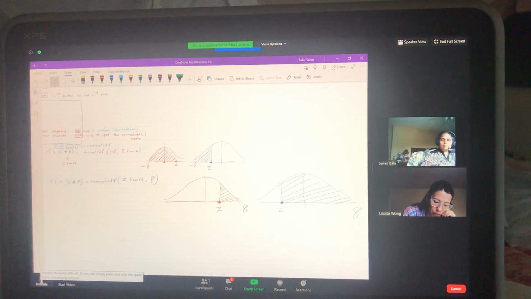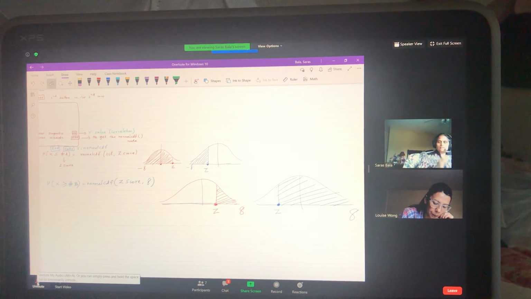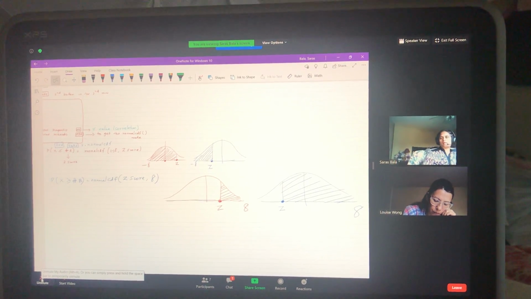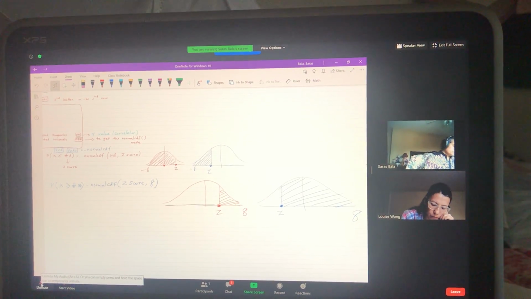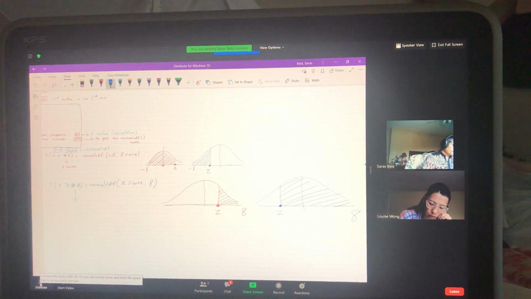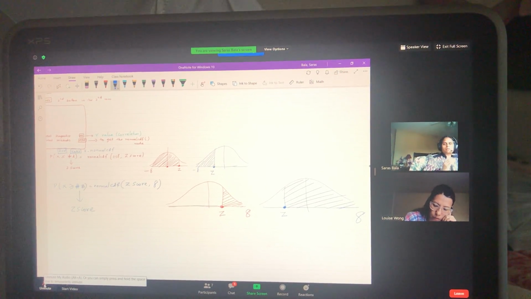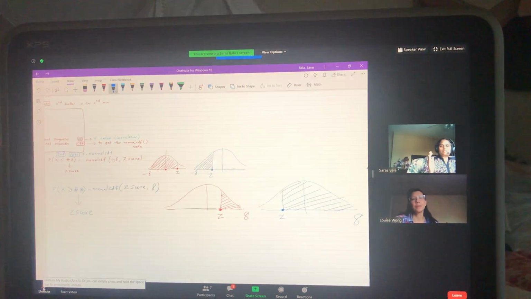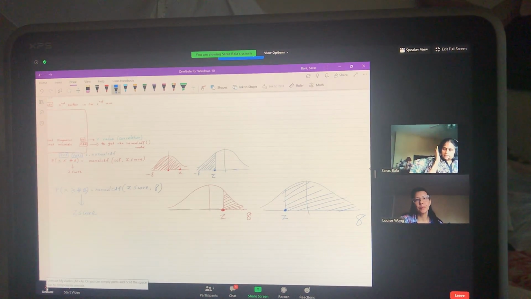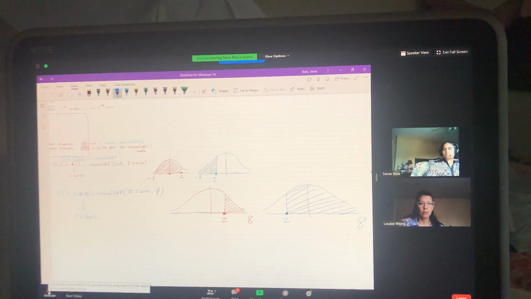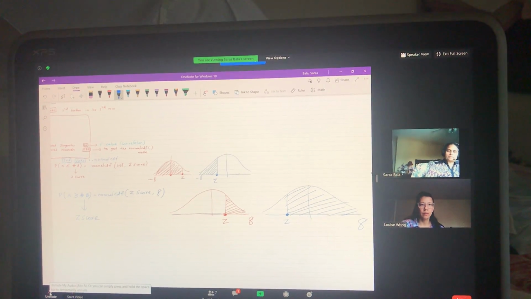And in the second picture, I am also getting my z-score as a negative number, but still I'm looking for area exceeding z. So basically, I am going to convert this into a z-score. Normal CDF, whatever the z-score is. Again and again, the z-score is important because that tells you how many standard deviations it is above the center or below the center.